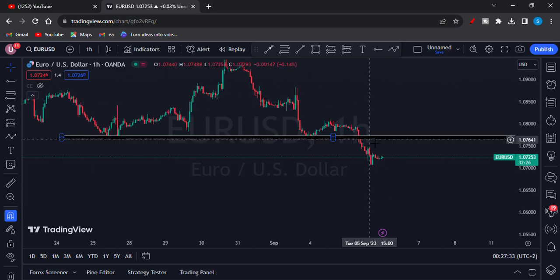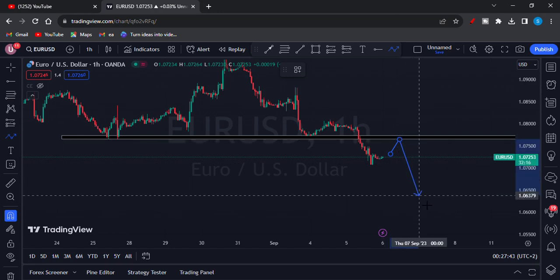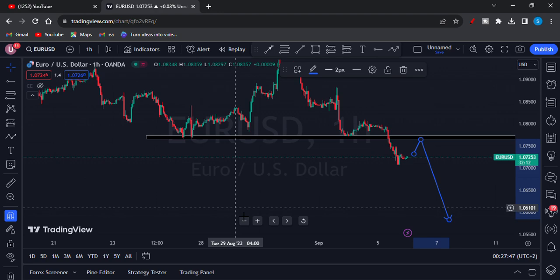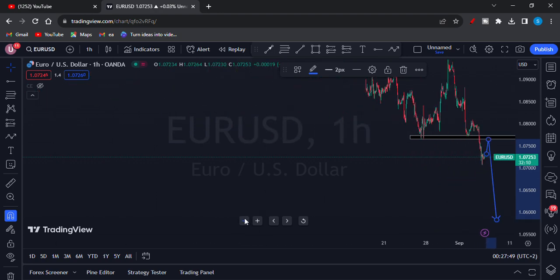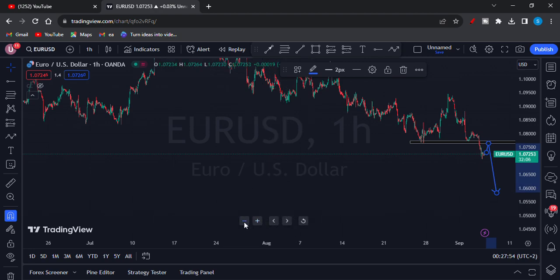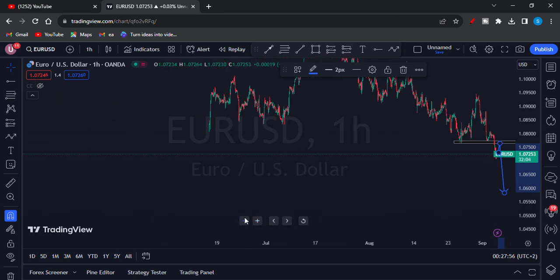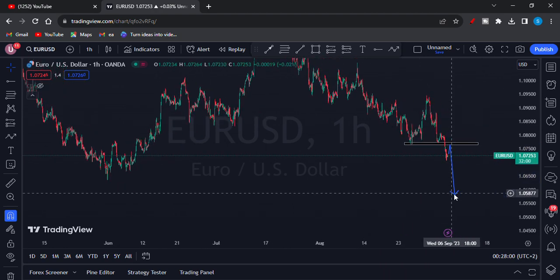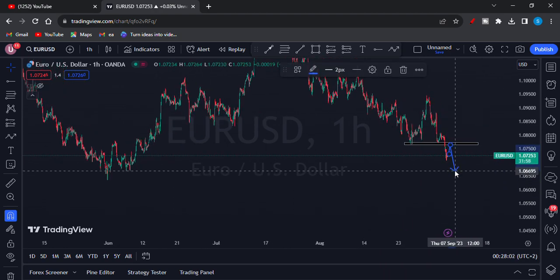So since we broke this support area, I'm going to expect the market to come and retest this former support area, and then all the way to, let me see, let me just drag this up to here.